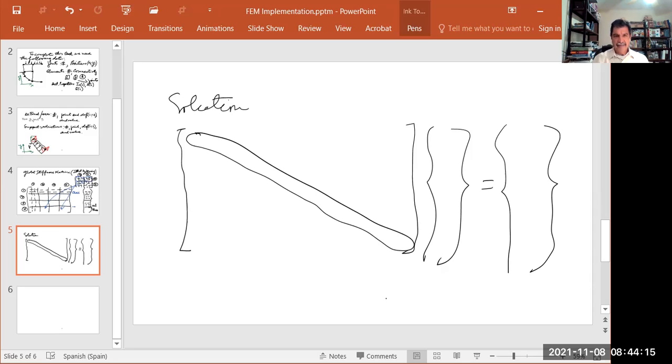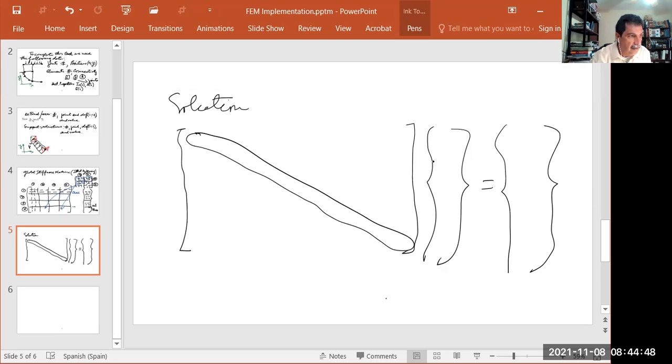Who said 10? That's correct. But the question is, how did you get it? Please, come on. 3 multiplied by the joint minus 1, plus 1. So it's the number of the joint, that's 4, minus 1, that's 3. If you have this 3 by 3, that's 9.